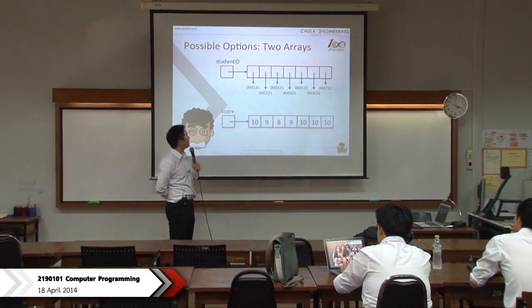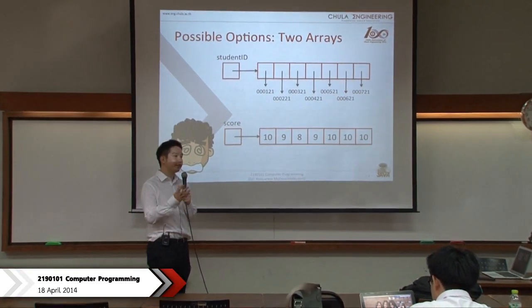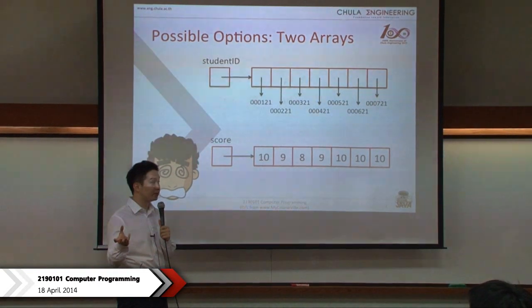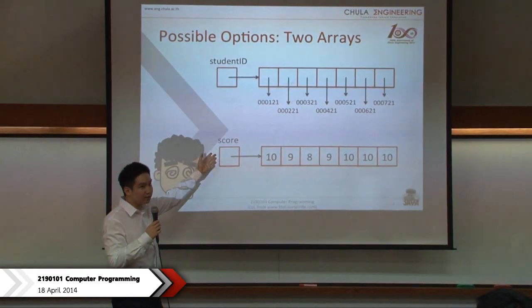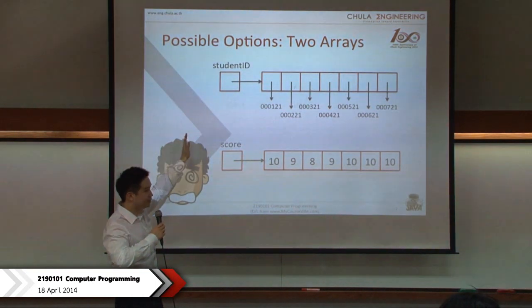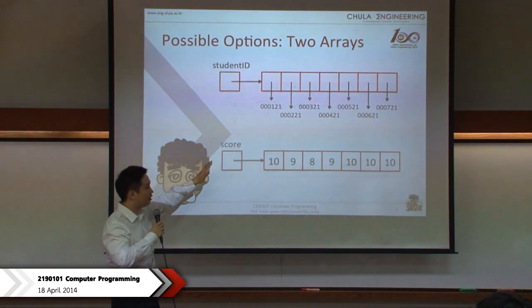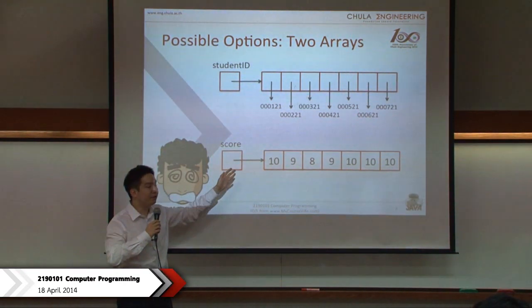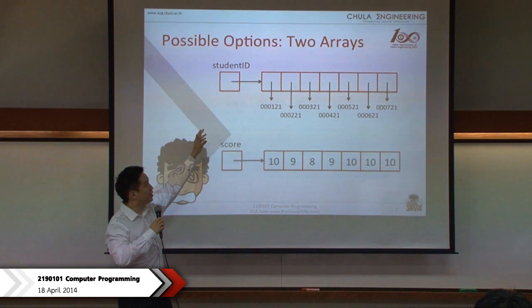So now we're coming back to how to store a list of students with exam scores. One approach is to have two arrays. We've talked about that. You can have an array of student IDs and an array of the scores. But the problem that you run into is how do you relate the two?